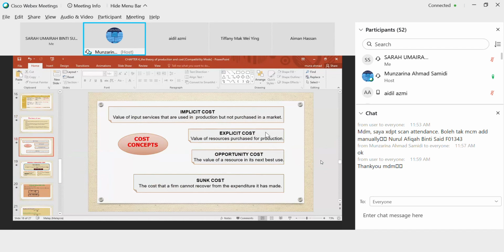For example, I decided to build a chicken coop to produce free-range chicken. That coop cannot be used for any other purpose. So when I shut down the production line, I cannot recover the cost. It is not capital that you can use for something else.